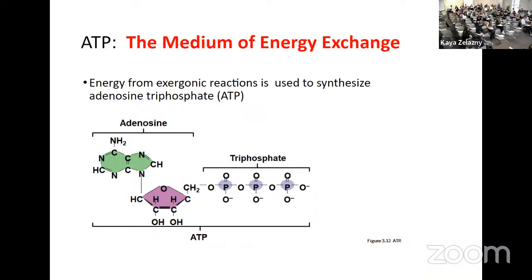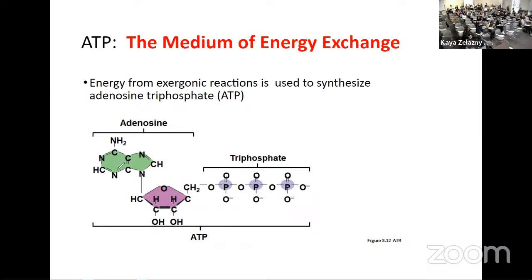So we're breaking down glucose, breaking the bonds in that glucose, taking the energy out and trying to turn it into ATP molecules. We're going to be using the reactions in the course of breaking down that glucose molecule to synthesize, to create ATP, adenosine triphosphate.